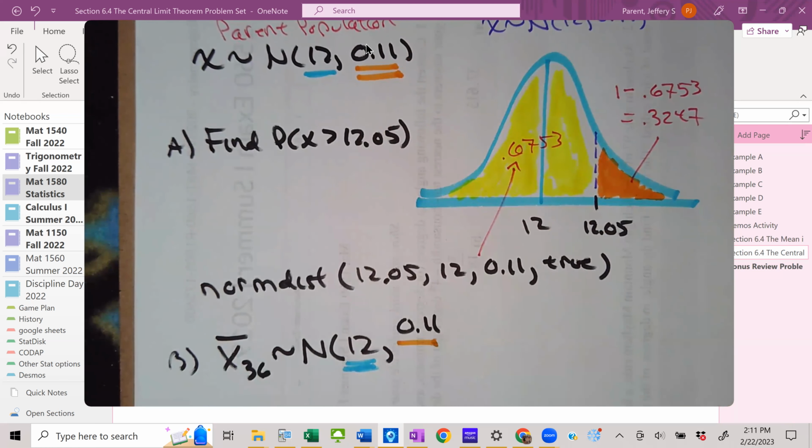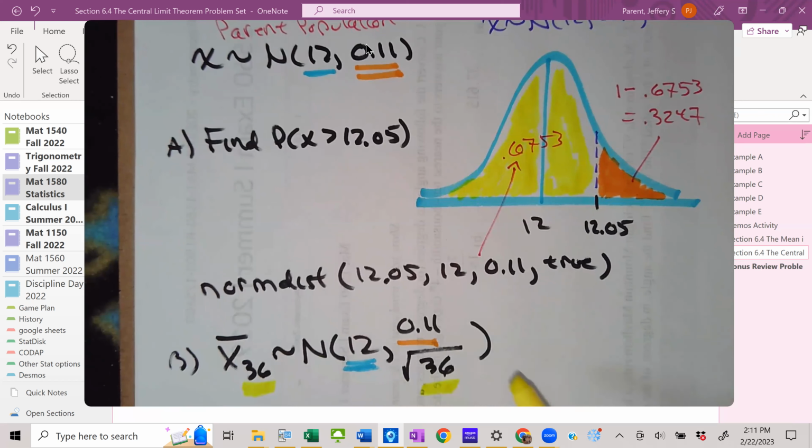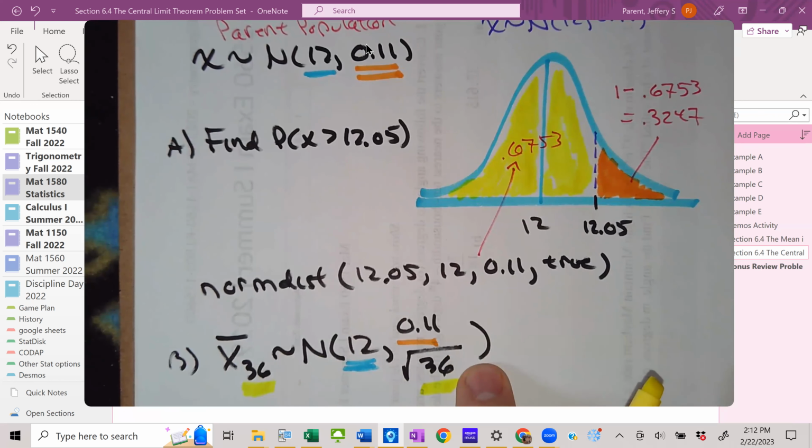That's your standard deviation divided by the square root of your sample size, which is 36. And that 36 is coming from, well, I'm running out of colors here, right here. So this information is coming from other parts of the problem. Okay.